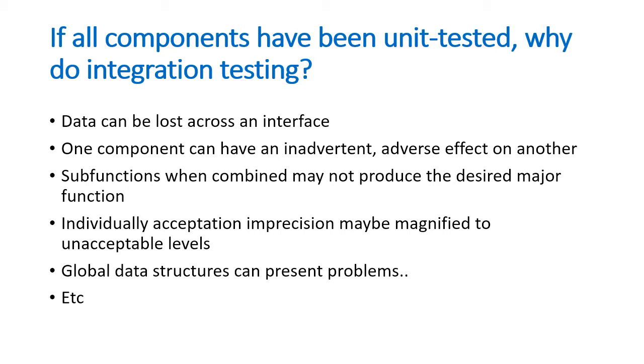Number 4, individually acceptable imprecision might not be detected at component level, but when we test across several components, it may be magnified to unacceptable levels, and then we need to do something about it. 5, the global data structures can also present a problem. So it is important to check not only the local structure but also the global data. There are many reasons why we need integration testing. In any case, this is a must.